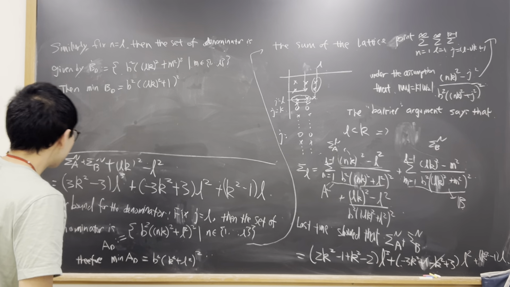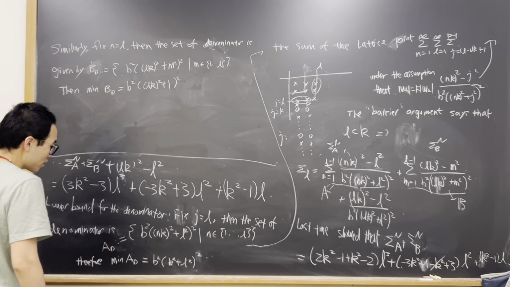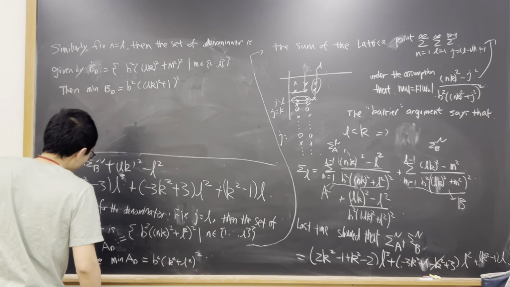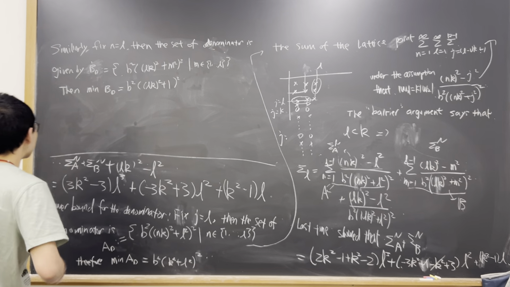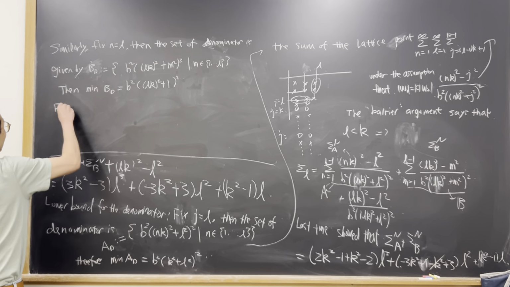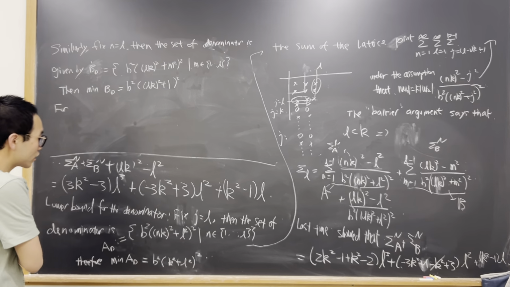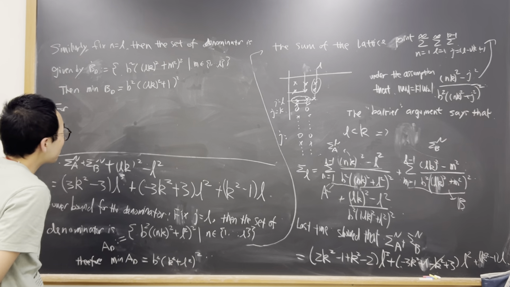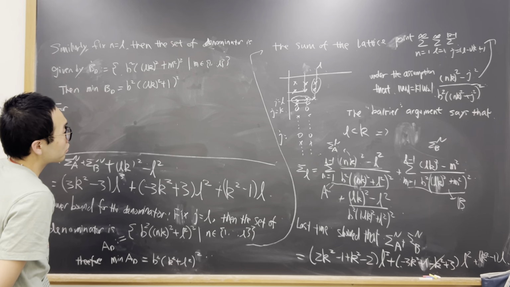So now for any element, I want to find the global minimum among this L, right?